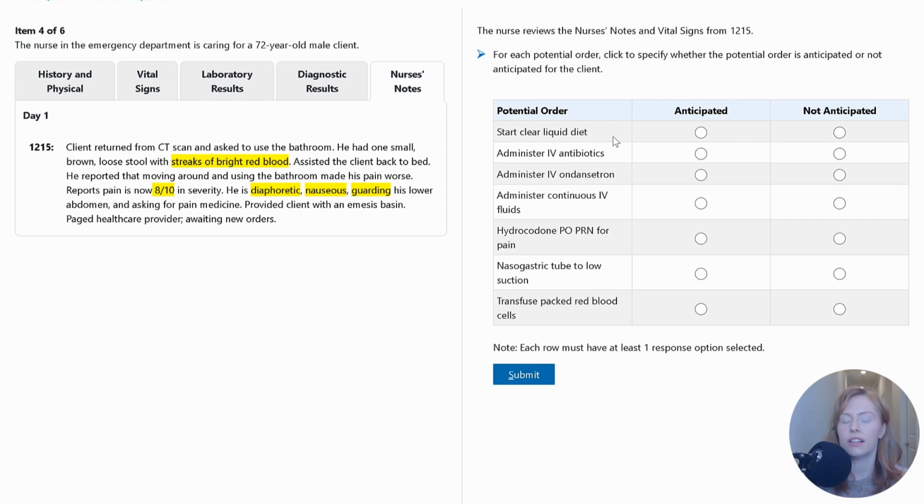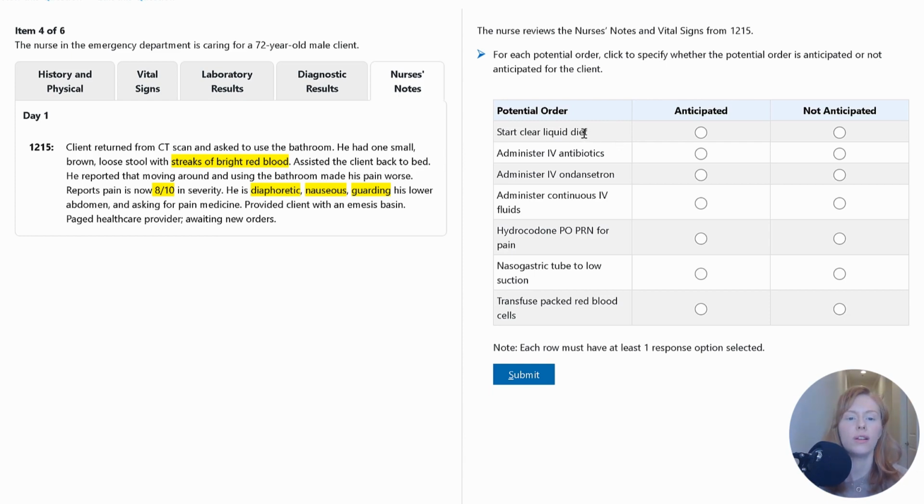As far as starting a clear liquid diet, when you do have a client with an acute GI complication, it's true that you don't want to give them solid foods. You want to be really gentle, start them with clear liquids, especially if you aren't yet sure whether they're having a GI bleed or not, because anytime you put anything in their mouth, it's going to send more blood to the intestines to digest that food, and that could worsen this problem.